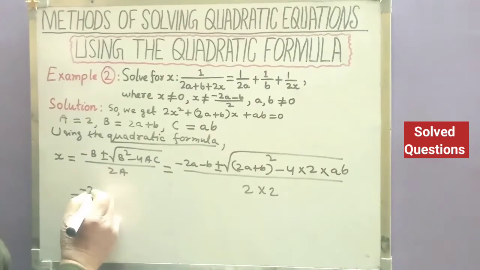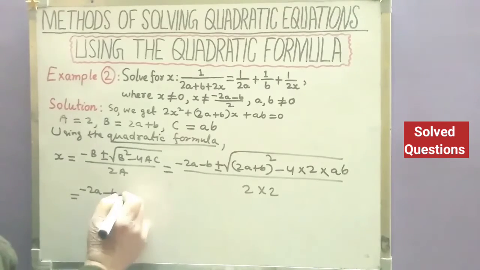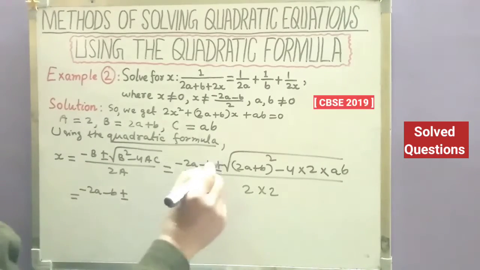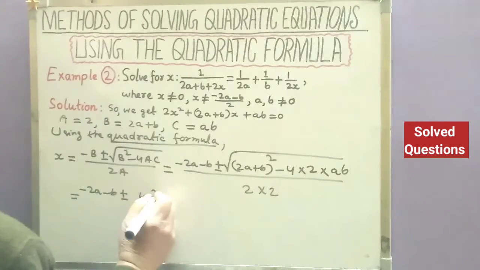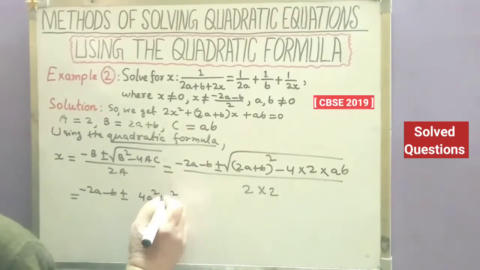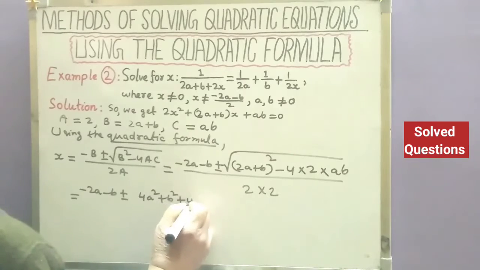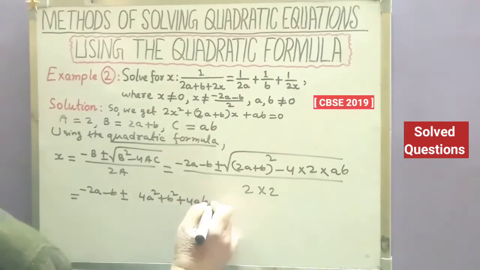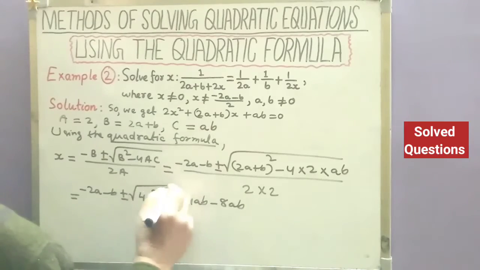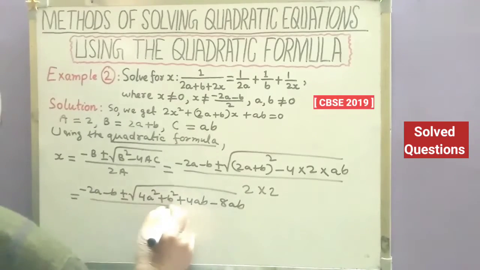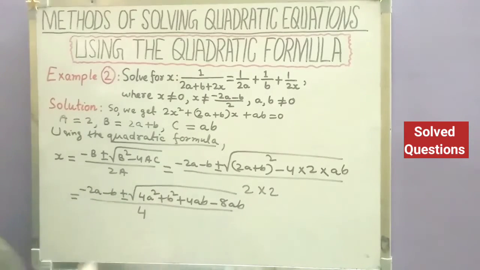On simplifying, we get minus 2a minus b plus minus, just use the formula (a plus b) whole square, square root of 4a square plus b square plus 4ab minus 8ab upon 4.